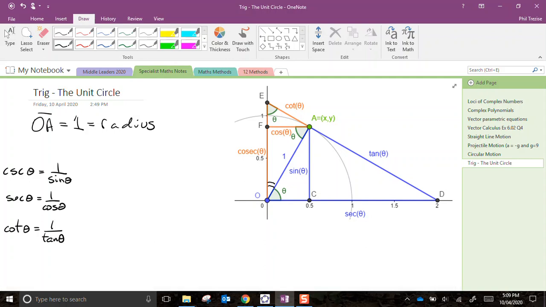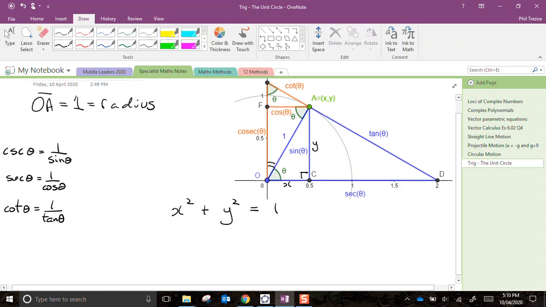Now, I promised that this one was going to be about the Pythagorean theorem. So remembering, of course, that the distance OC would be the x coordinate of our point, and the AC distance would be the y coordinate, then all of us know, of course, that Pythagoras says x squared plus y squared equals 1 squared, because we have a right triangle here with sides x and y and hypotenuse of 1.